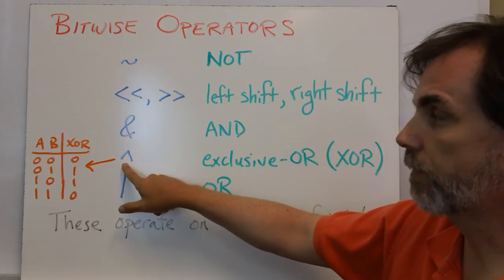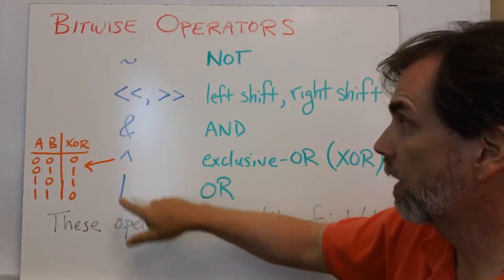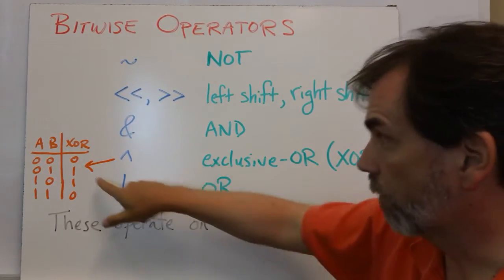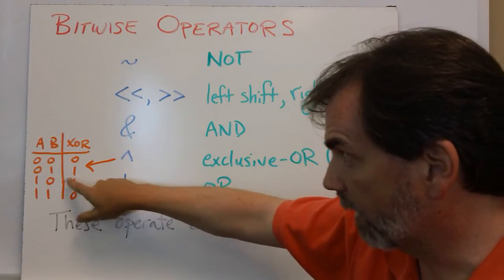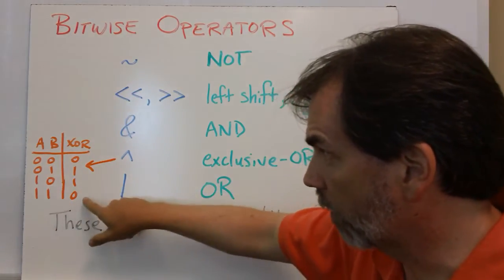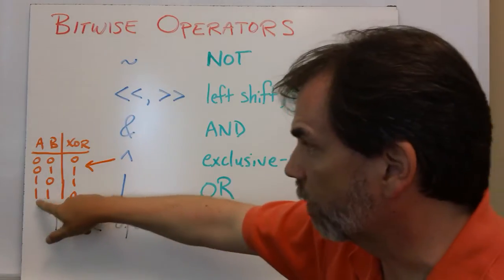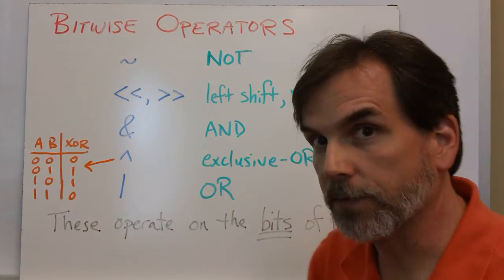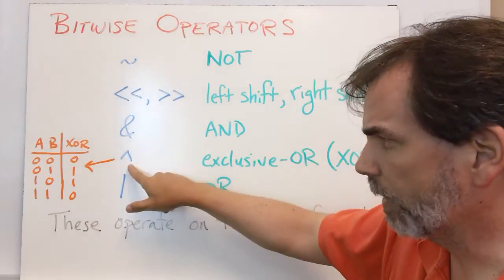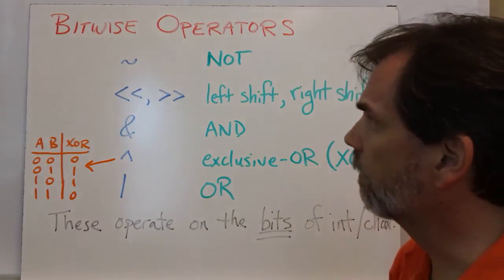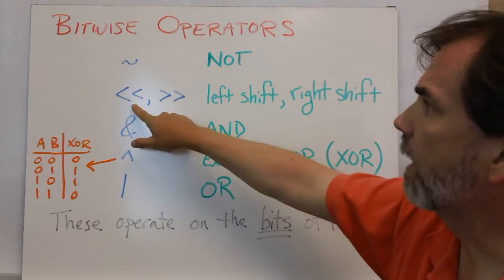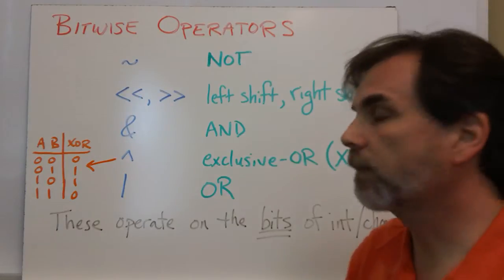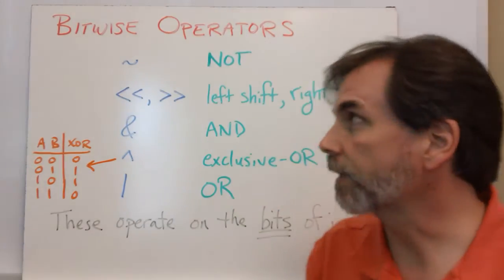We have an exclusive OR. That's just a little caret symbol. In case you don't know what exclusive OR is, it's a 1 if either of the inputs is 1, otherwise it's a 0. So if they're both 1, the exclusive OR is 0. We won't use this very often, but it is in the language. Then we have left shift and right shift operators, which I'll talk about next.